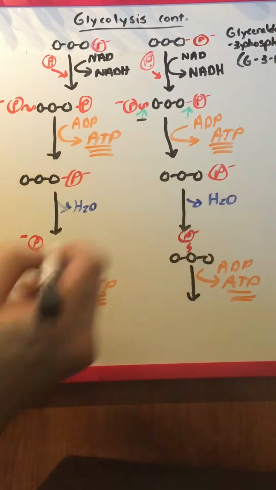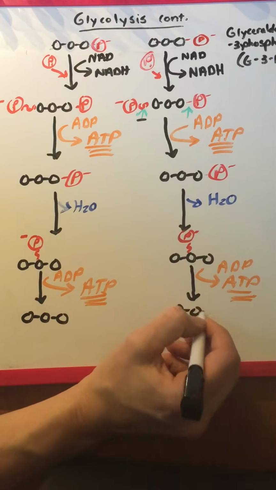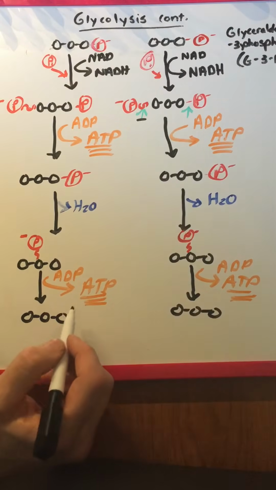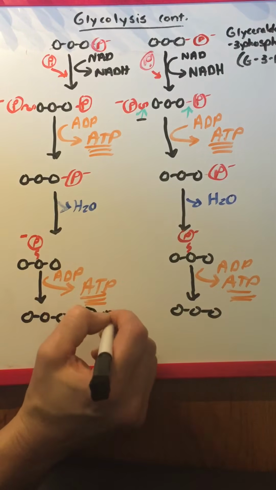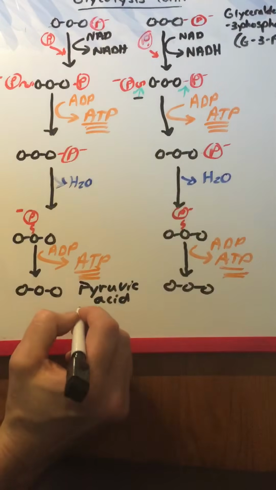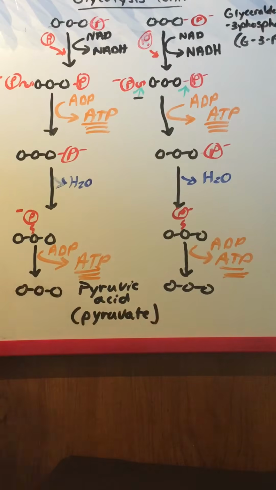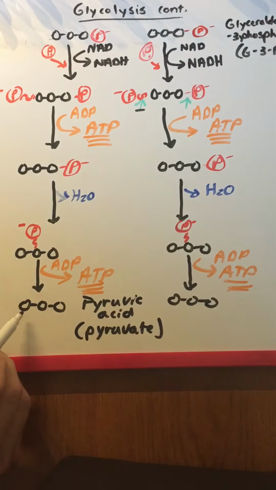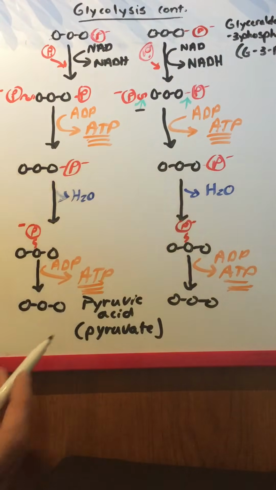That leaves us with 2 3-carbon molecules. And those 3 carbon molecules are the final product of glycolysis. We call it pyruvic acid. You'll also see it referred to as pyruvate. So your final carbon product in all of this process, after all 10 steps of glycolysis, is this pyruvate.